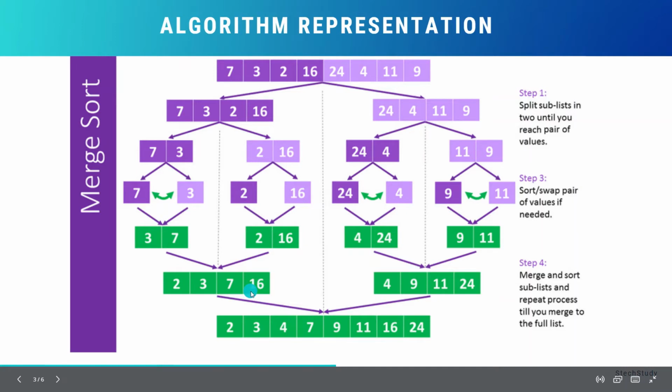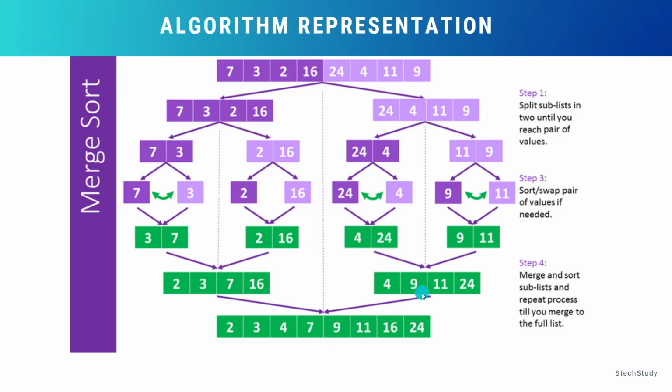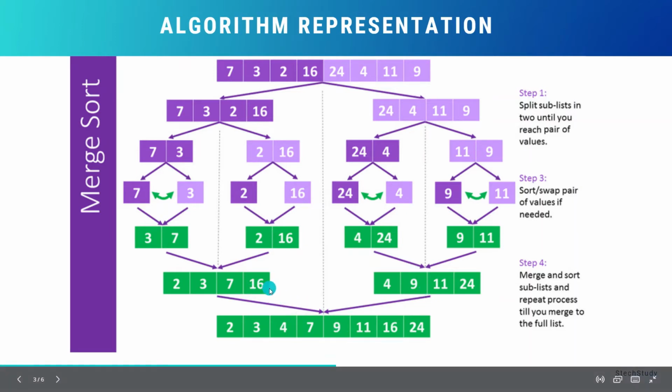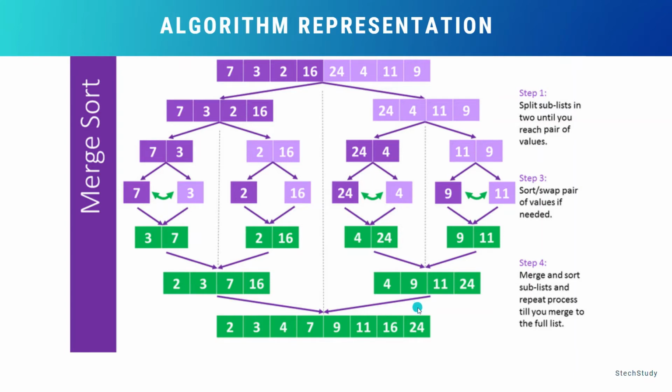Next 16 is compared with 9. 9 is lesser, so 9 will be copied. 16 is compared with 11. 11 is lesser, so 11 will be copied. 16 is compared with 24. 16 is copied, and only 24 is left, which will be copied as it is. So we got the sorting of these elements using merge sort.